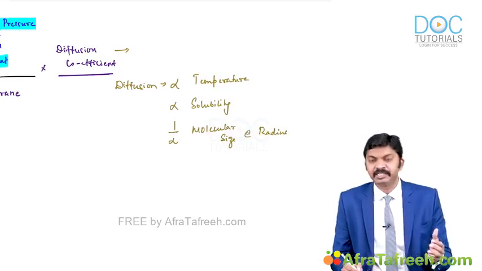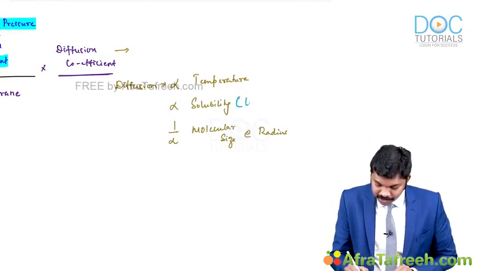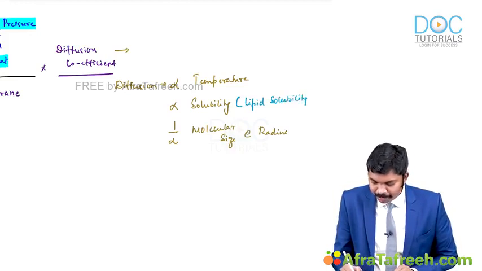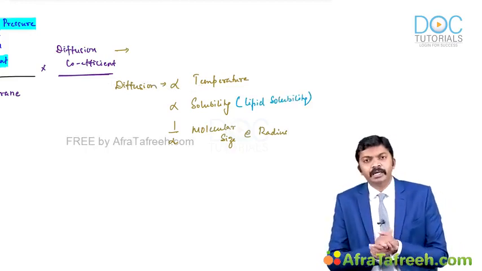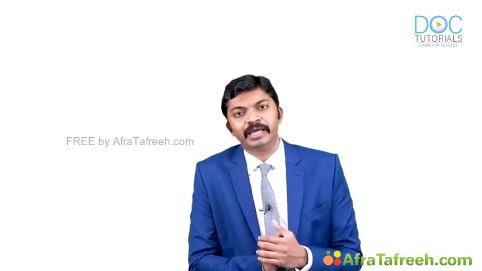So, with increased temperature, diffusion increases. When I say solubility, it is nothing but lipid solubility. Any membrane is made of lipids, and when a molecule has solubility across a lipid layer, if it is a lipophilic substance, it will have a better diffusive property than a hydrophilic substance.